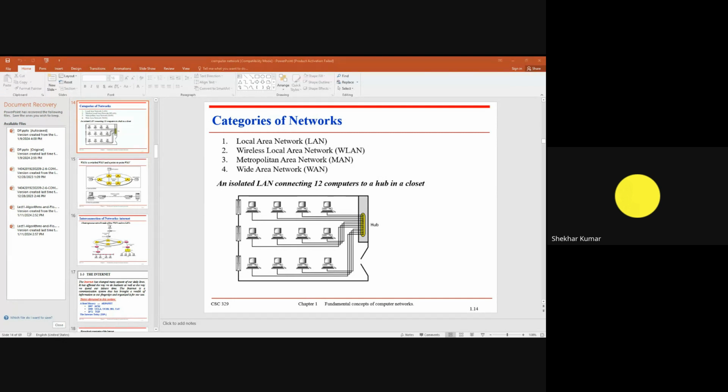So it allows a high-speed exchange of data and information.